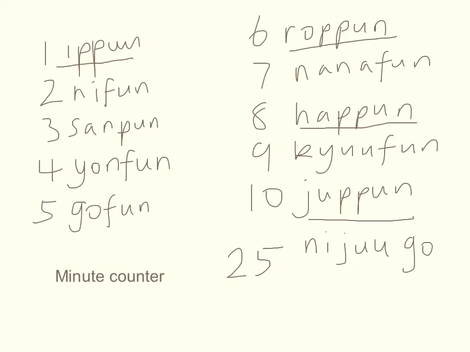Step 2, what I have to do is take this last digit and replace it with the equivalent for minutes, which is this one here, gofun. So nijugo becomes nijugofun. And that is a good explanation.